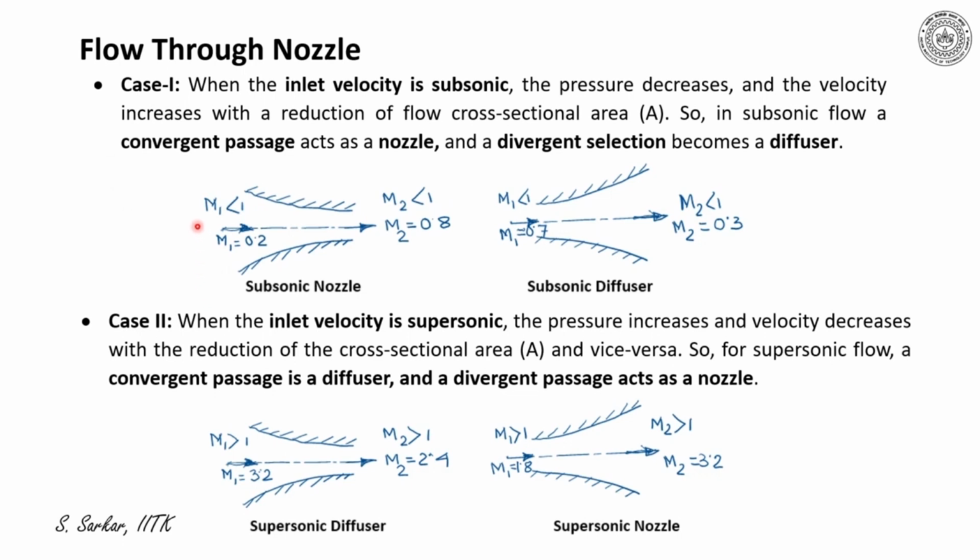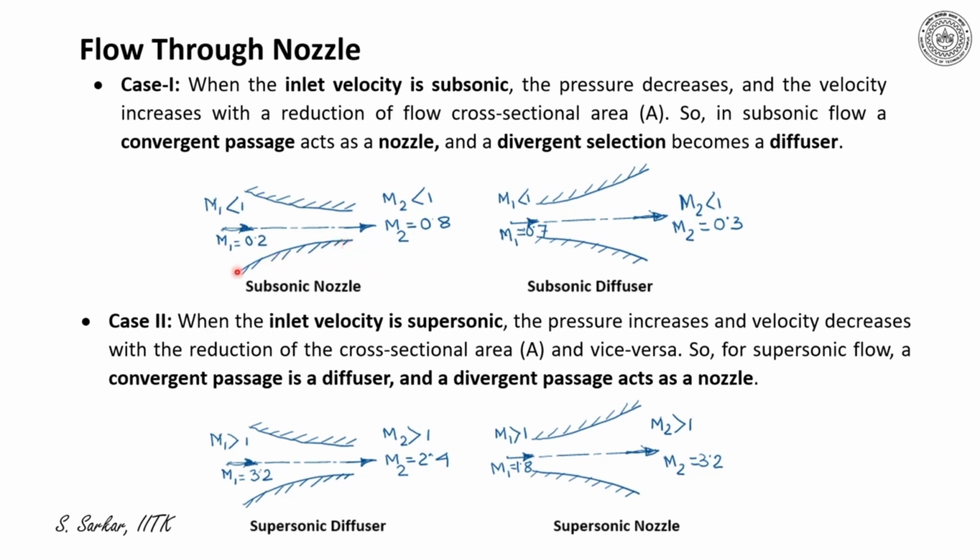For the subsonic flow, I have taken a convergent section. I have illustrated that at inlet, when M1 is equal to 0.2, at exit M2 would be equal to 0.4. Thereby, this is acting as a nozzle where the velocity has increased and the pressure has decreased with decrease of cross-sectional area.